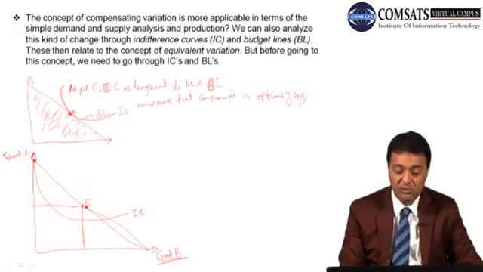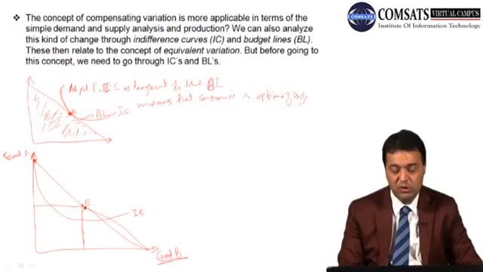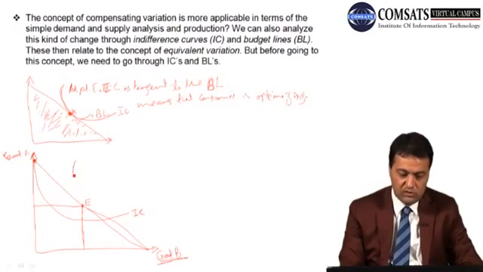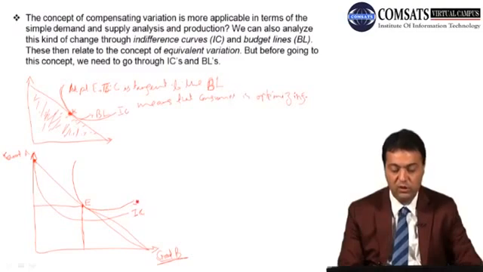At point E, there is a combination of good B and good A that the consumer is enjoying, but once that goes out, there are obviously bound to be problems because the consumer is losing out on a certain good. So let us draw another indifference curve that is going through this point, and call it IC0. IC0 is the indifference curve which shows the efficient consumption of a consumer before good B vanishes.